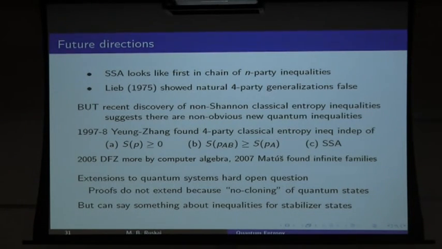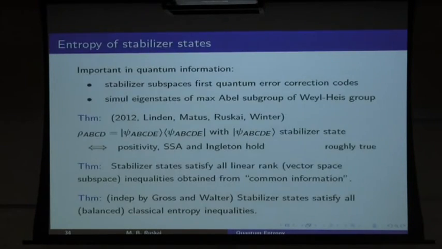It seems to be a very, very hard question to extend these to quantum states. We can, in fact, say something about the inequalities for stabilizer states, but I'm going to skip over all of that.